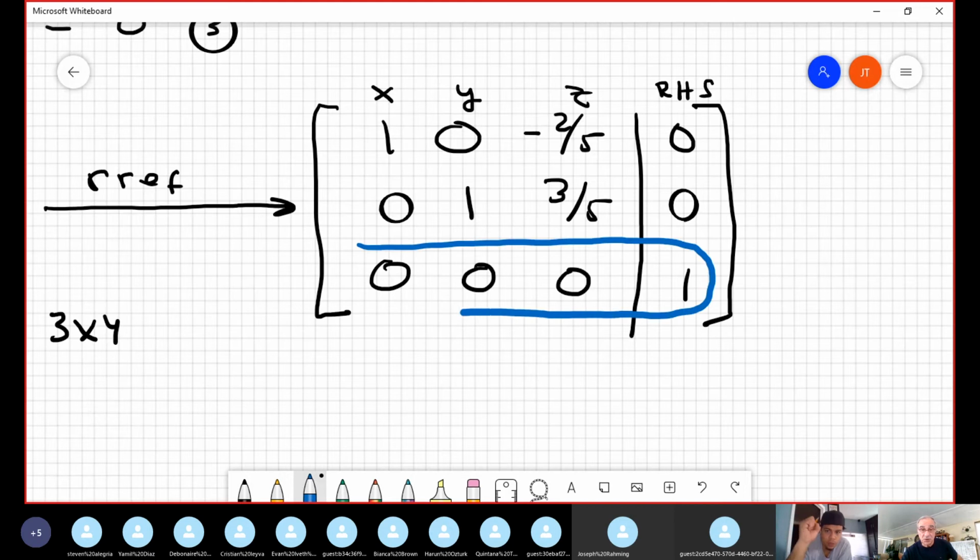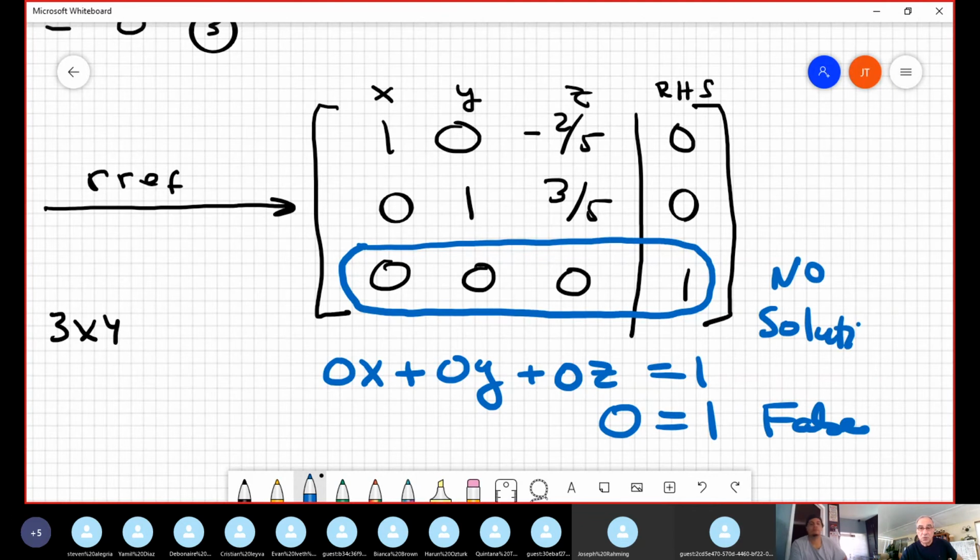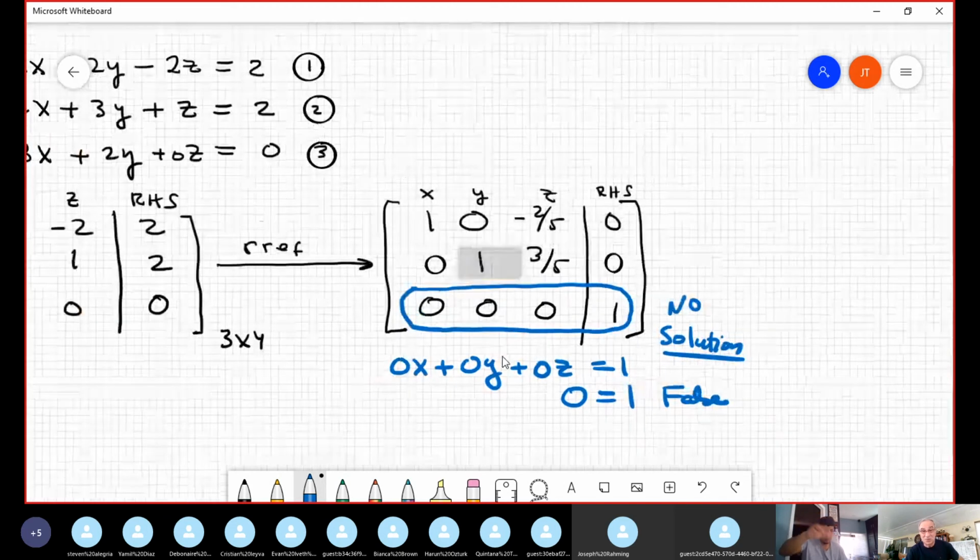We can see a contradiction, because 0x plus 0y plus 0c equals 1. And 0 times something is 0. Is 0 equal to 1? It is completely false. This is a contradiction, therefore no solution. It's super easy to identify no solution because you see it in the last row.